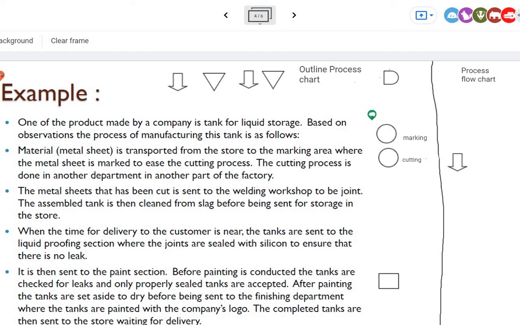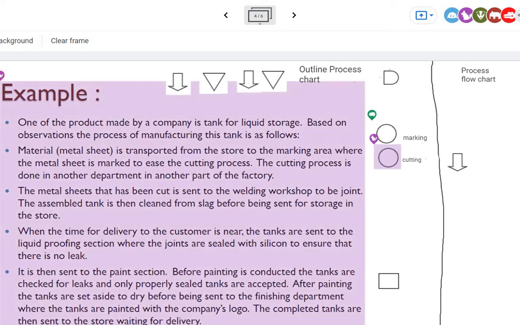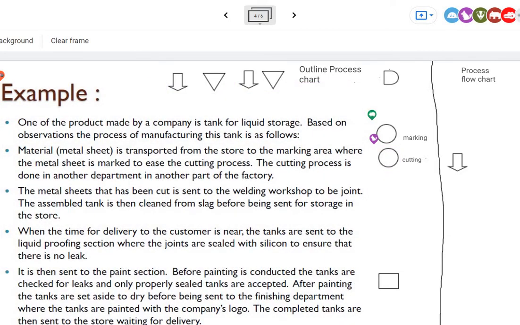Okay, what is that? Send to welding workshop to be joined. Not using the word send. A joint. Yes. Okay, and then a clean. Okay, good. So you put these two operations. First is joining, and then you have cleaning slag.